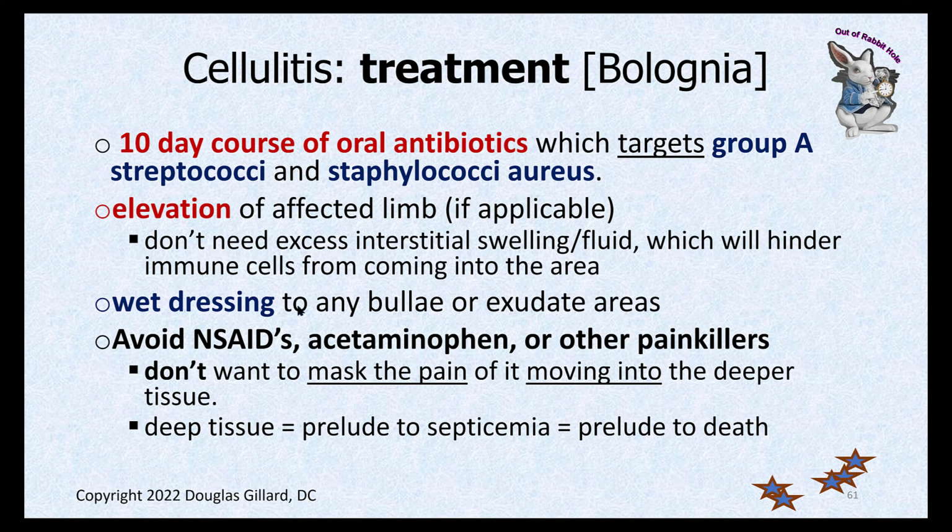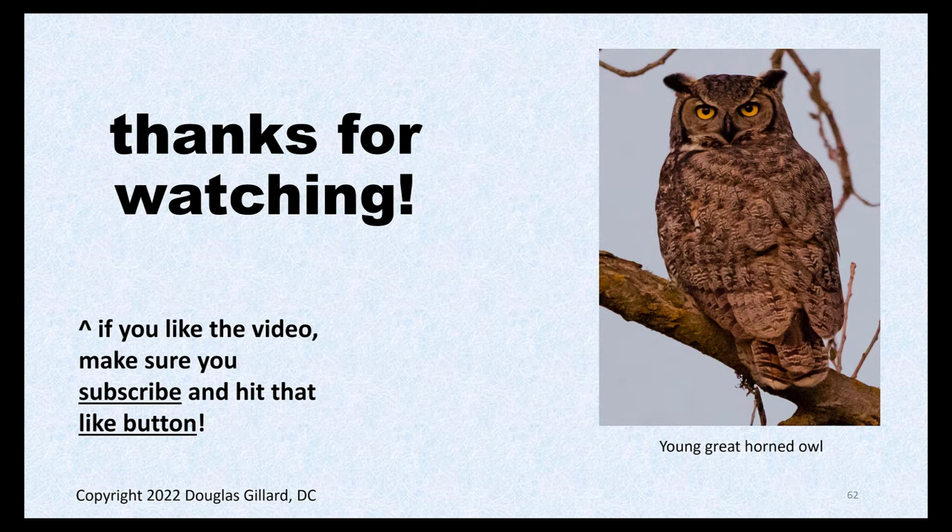So elevate, compression, wet dressings, and they want you to avoid any type of painkillers, because if the infection gets into the deep subcutaneous tissue, it's going to be severe pain. You need to go to the hospital because the oral antibiotics aren't working. You need to be on IV antibiotics at that point.